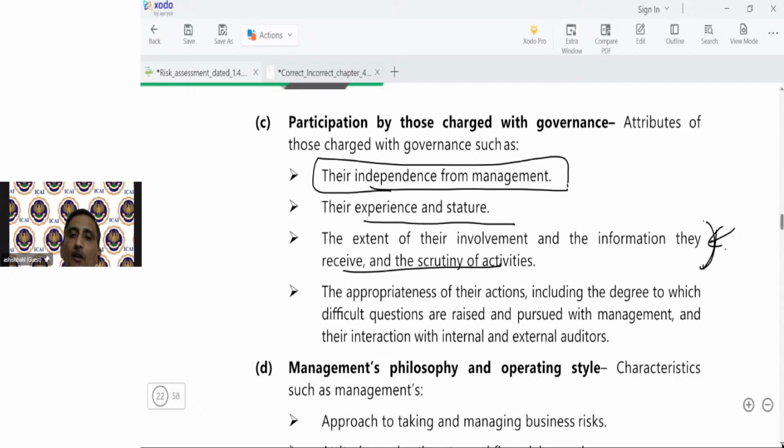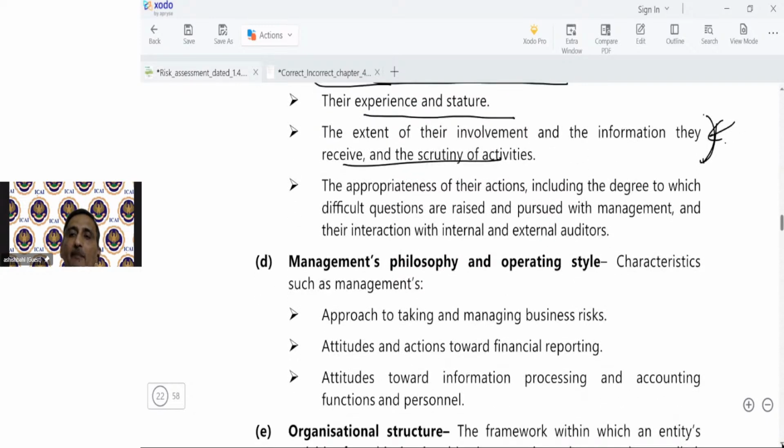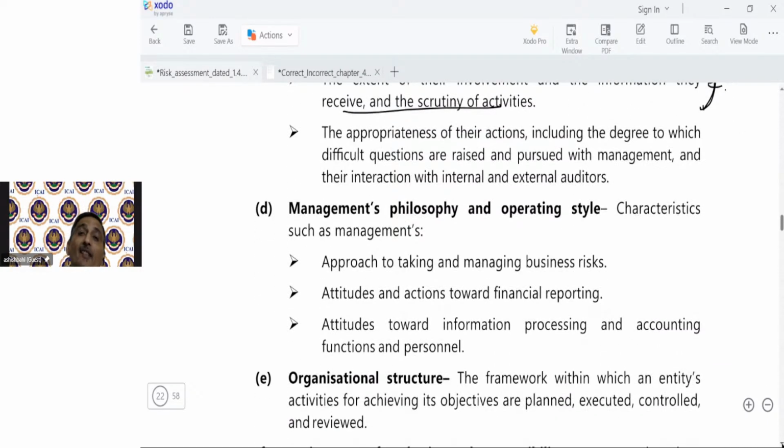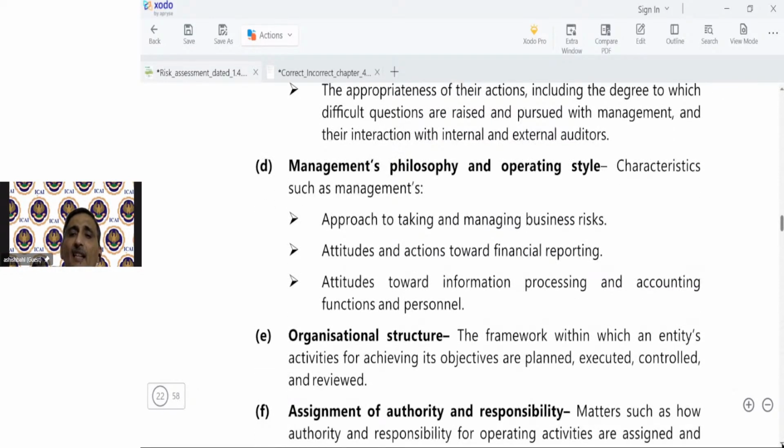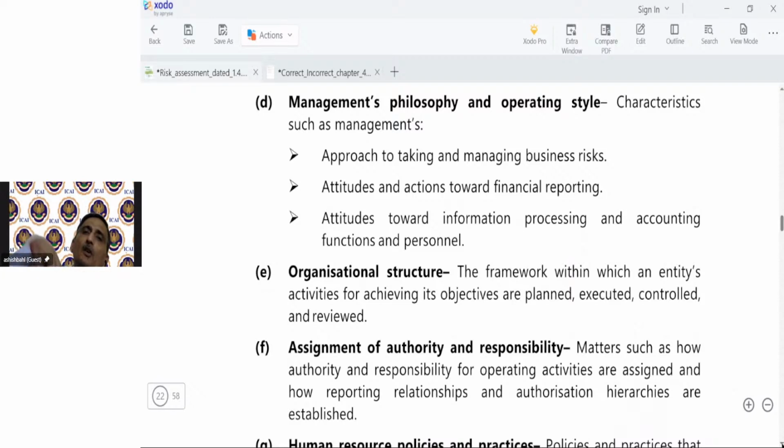How does management function? Whether it is aggressive or prudent, and how does it manage the risks? So guys, you have to understand the whole thing, all the points, and you can write it in your own way.